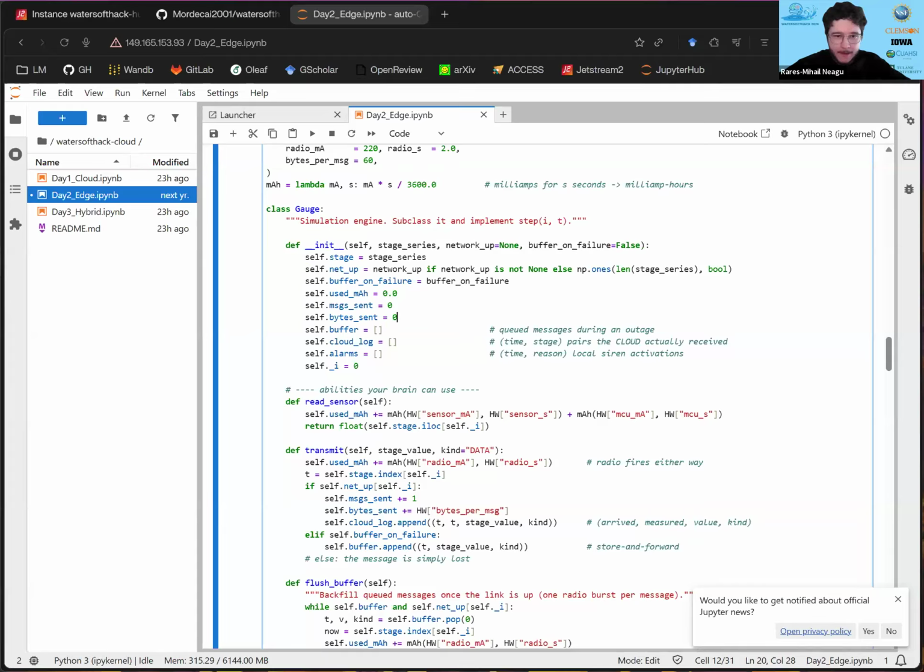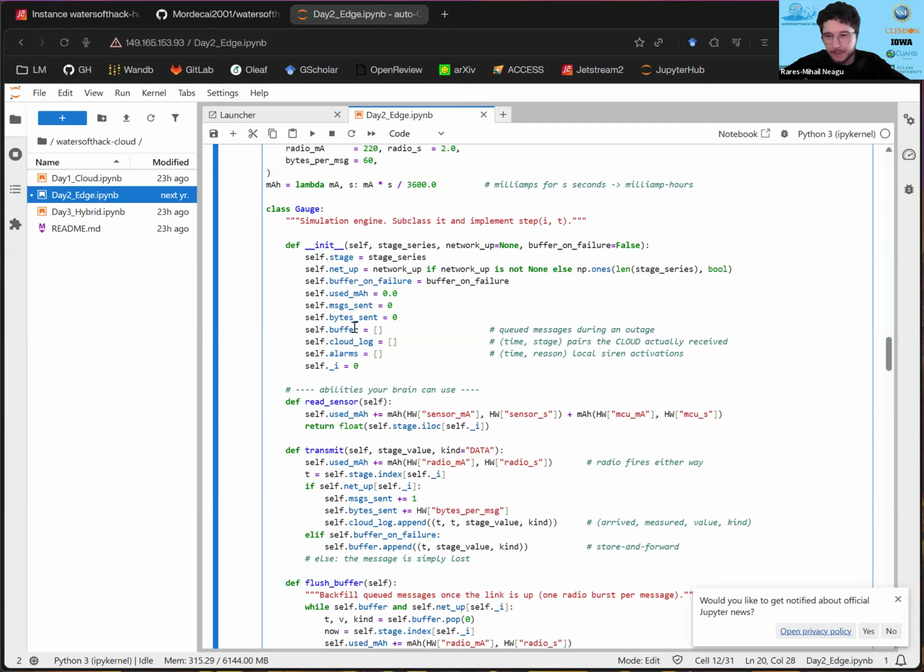Now, we're going to store the river records on the object: the stage, the net up, the buffer on failure, how much energy we used, the messages that we sent, and the amount of bytes that we sent.